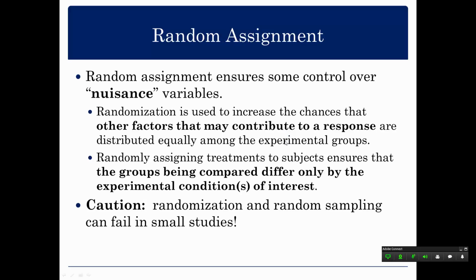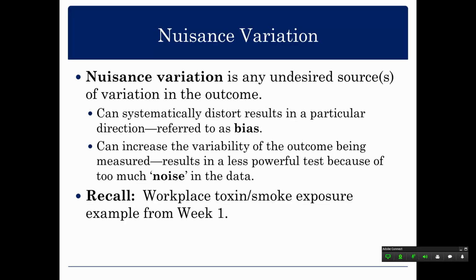You could also get nuisance variation in the form of increased variability in your outcome. This happens when there's some other source of variation, but it's not systematically distorting results in one direction or another. It's just increasing the variability in your outcome, so it creates an issue with the power of your test, because it's very difficult to see a signal when you have a lot of noise.